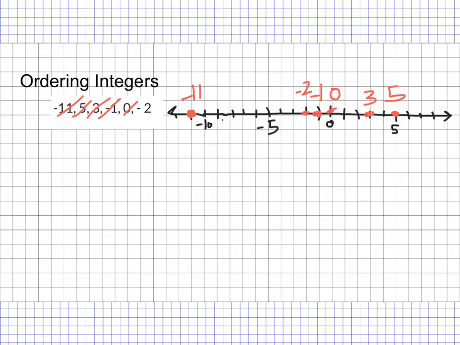Finally, since you were asked to put these numbers in order, we need to rewrite them as an ordered list. We were asked to put these numbers in order from least to greatest.